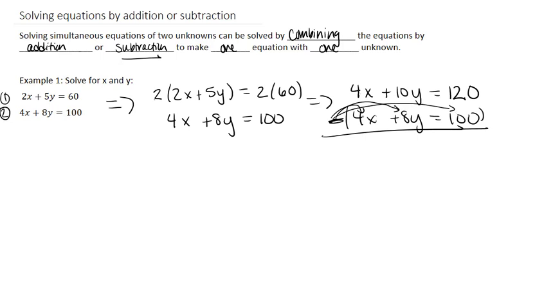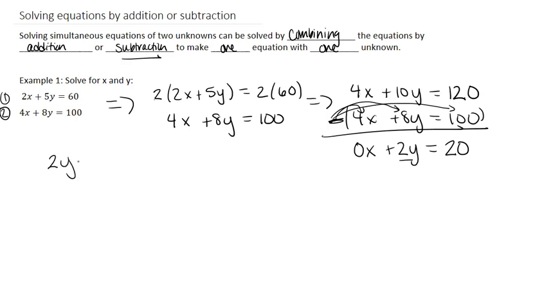So now we have 4x minus 4x, so that's 0x. Then we have 10y minus 8y, so we get 2y. Then we have 120 minus 100, so we're left with just 20. So as we have 0x, we only have now one unknown, and so we just need to solve for it.